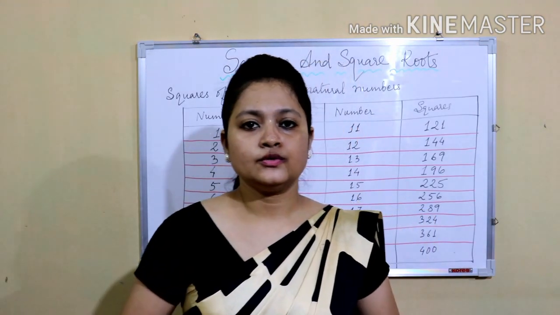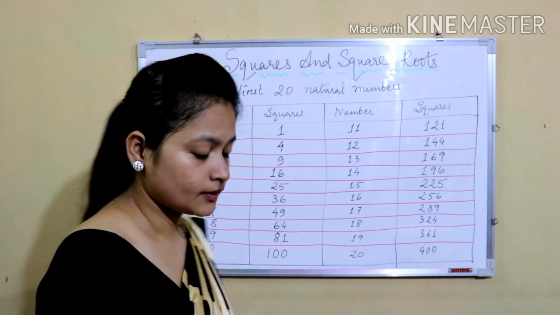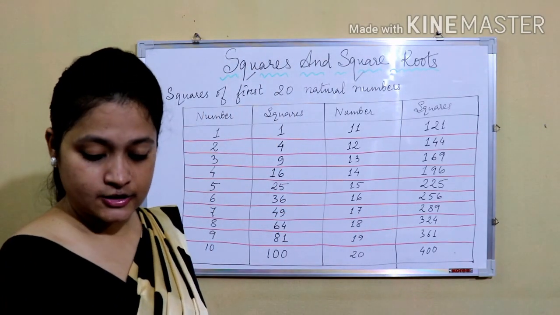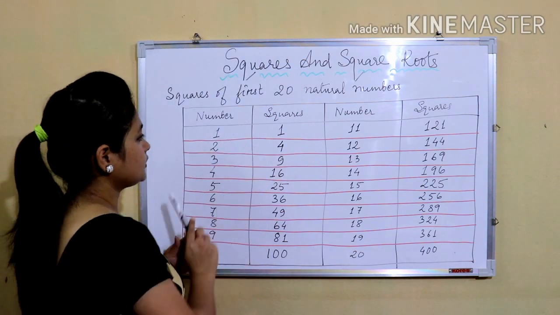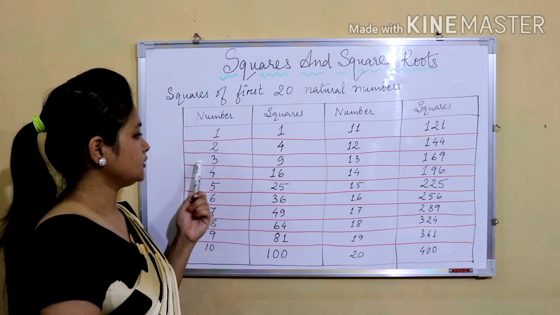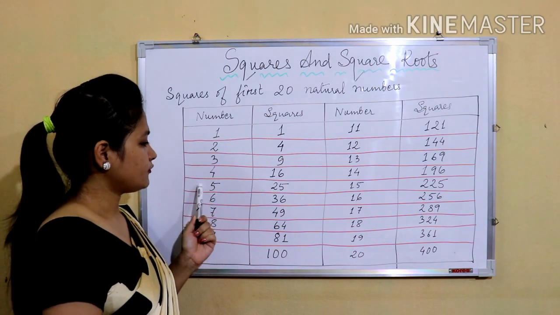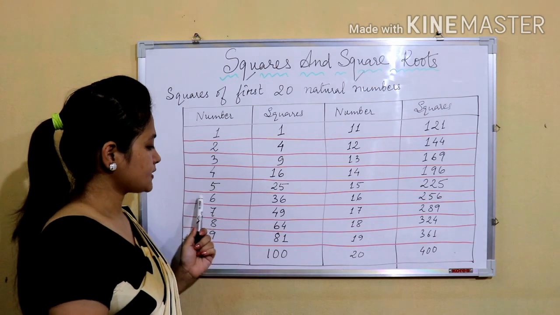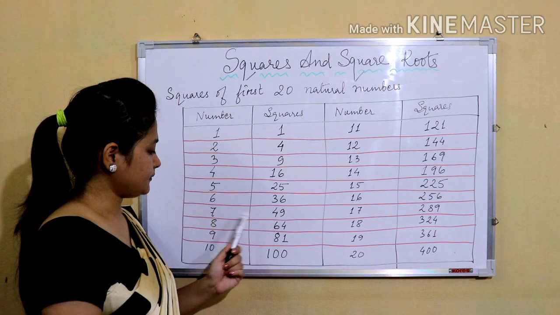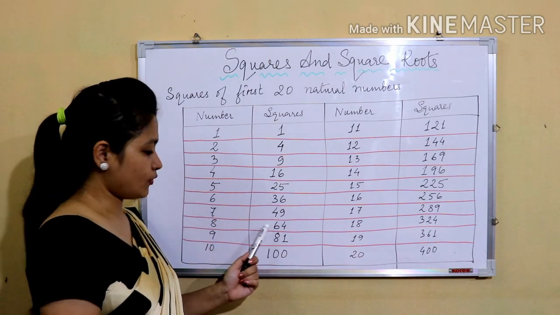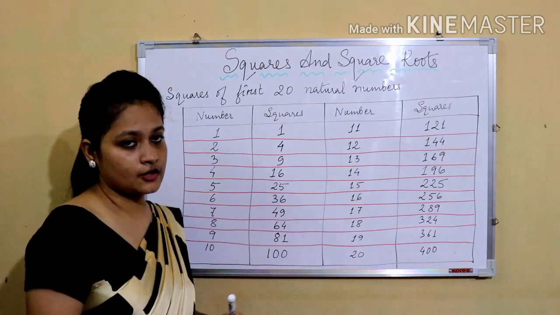Let us go through the squares of the first 20 natural numbers. The first natural number is 1. So 1 into 1, 1. 2 into 2, 4. 3 into 3, 9. 4 into 4, 16. 5 into 5, 25. 6 into 6, 36. 7 into 7, 49. 8 into 8, 64. 9 into 9, 81. 10 into 10, 100.